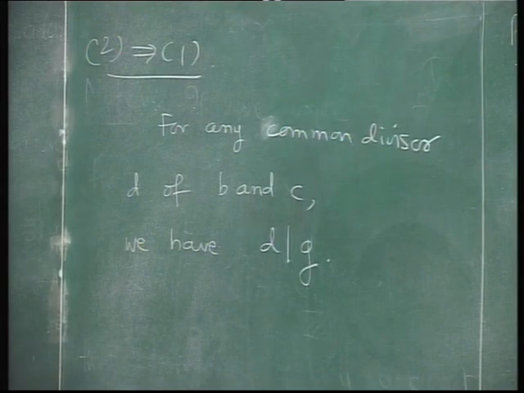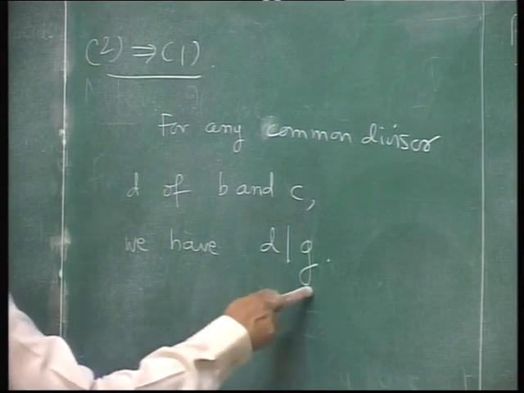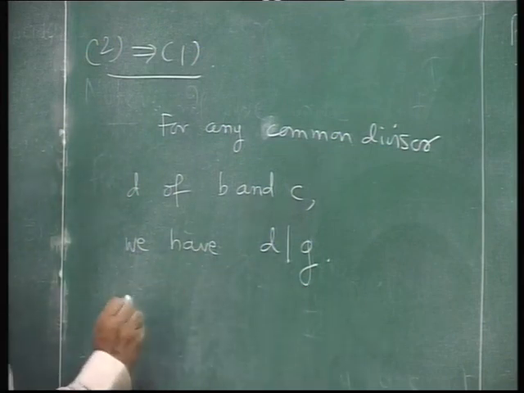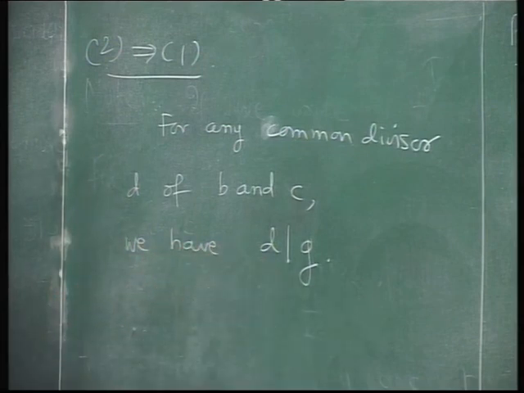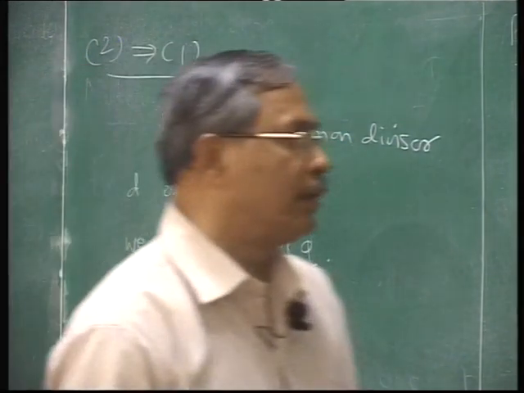G is already a common divisor and D divides G, and therefore, if D is positive, even if it is negative, it is less than or equal, but in this I will require that it's a common divisor and it's positive. So let me just make a small change in that.